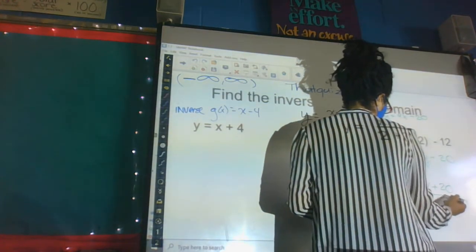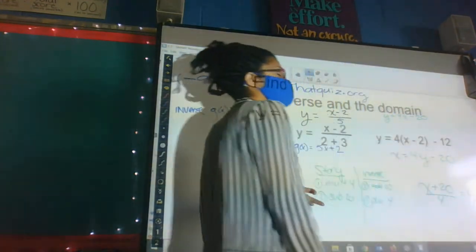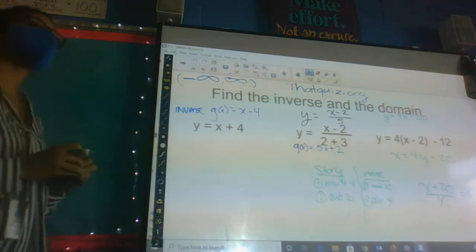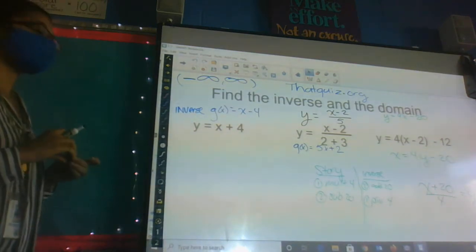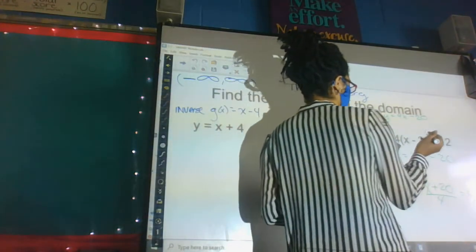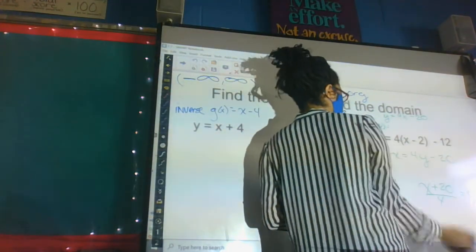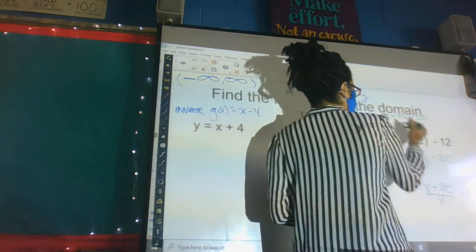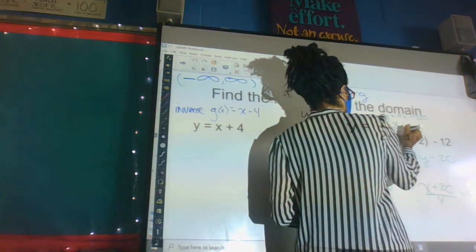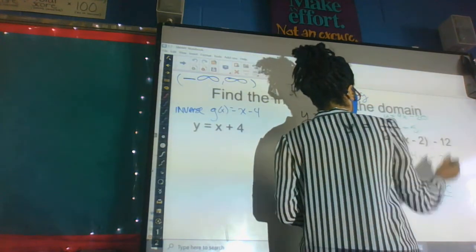I'm going to divide by 4. However, remember, when it can be simplified, it must be simplified. So, I'm going to draw that inverse function g of x. I'm going to get x over 4. 20 divided by 4 is 5.